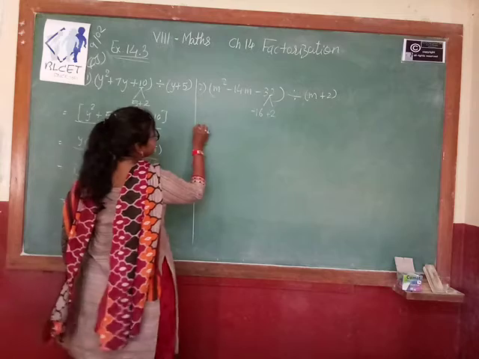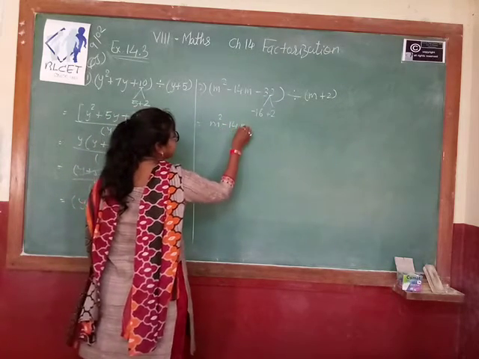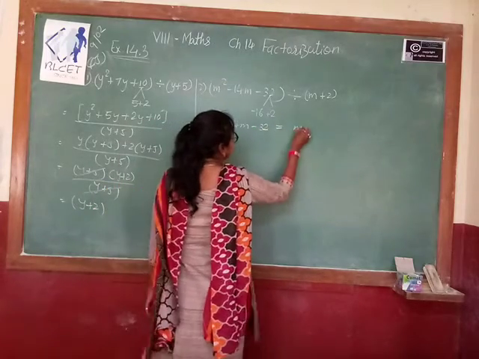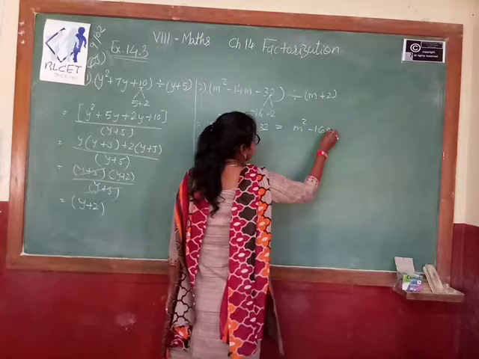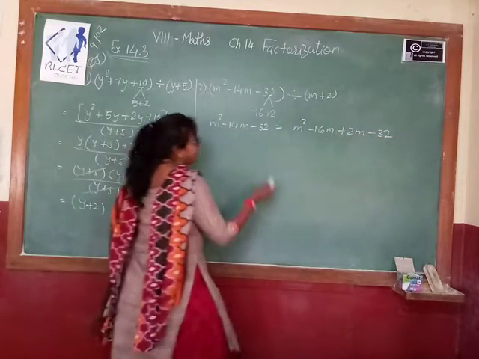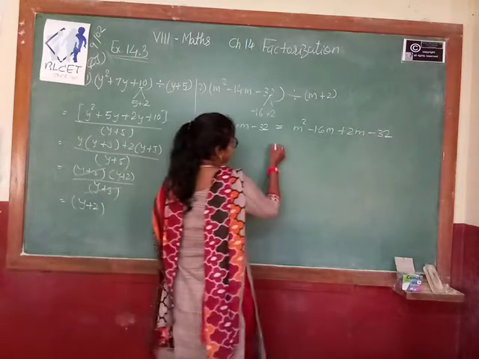Okay. So first we find this. So m² - 14m - 32 is equal to m² - 16m + 2m - 32. First we do the factorization of this and then we can do the division so that it's easy.